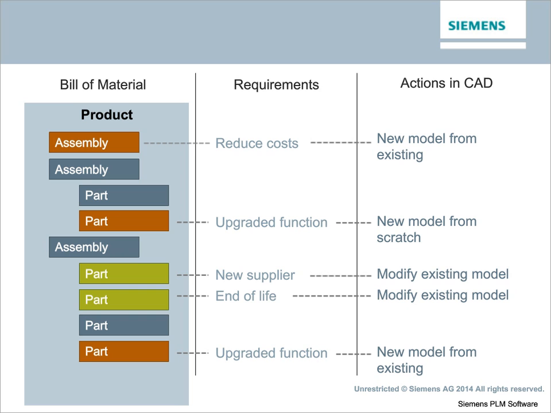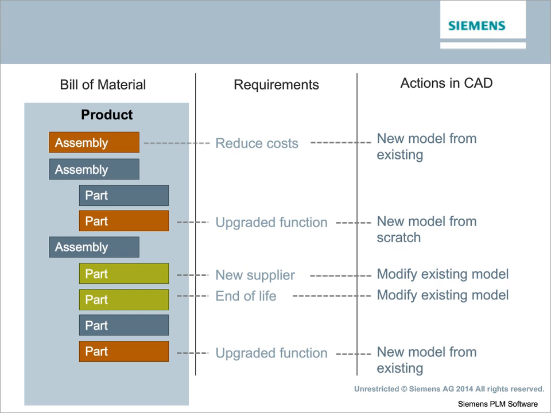Let us quickly examine a sample bill of materials of a product identified for reuse with its change requirements and the associated action performed in CAD. The requirements for changes in a product's parts can be due to various factors as seen in the illustration here.